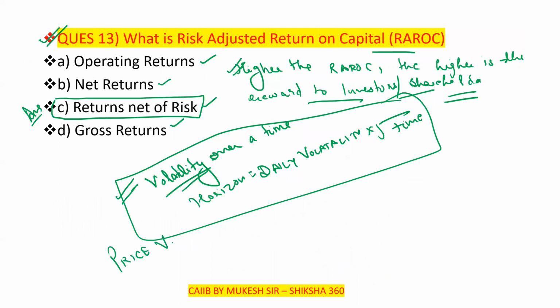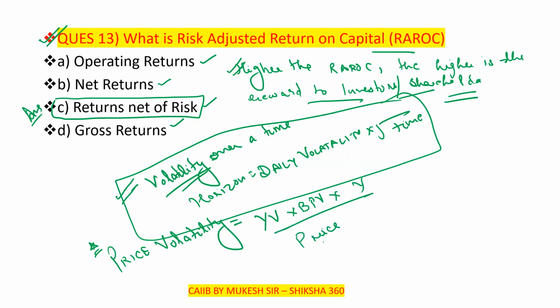Price volatility is YV into BPV into yield upon price, where YV is yield volatility and BPV is basis point value. Please remember all these things.